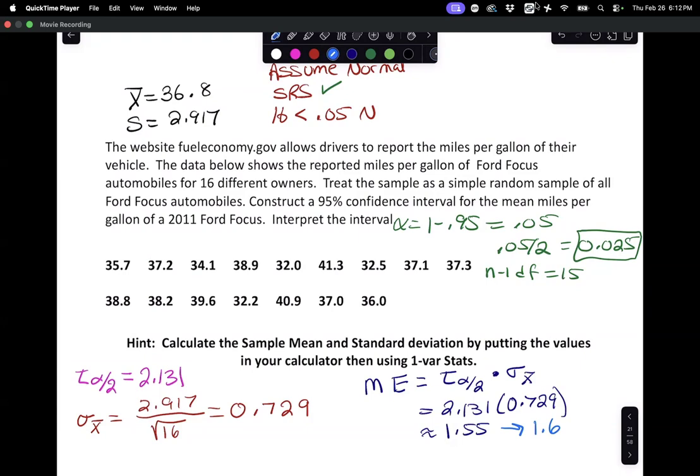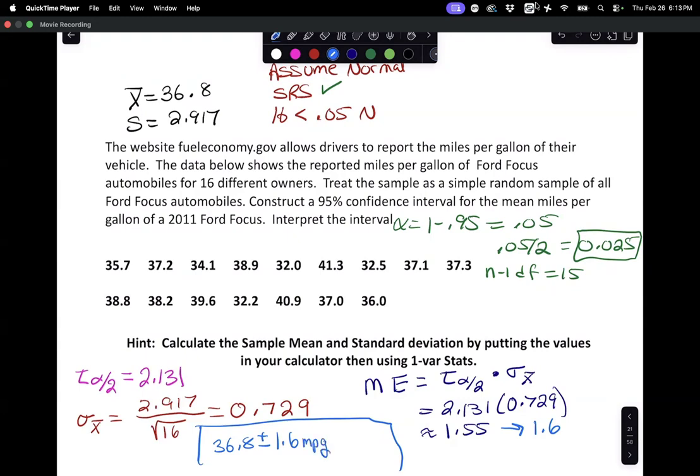Okay, so you could either say, I'm going to make some room here. Just make a box. You could either say 36.8 plus or minus 1.6, and you would have to put the units, miles per gallon, MPG.